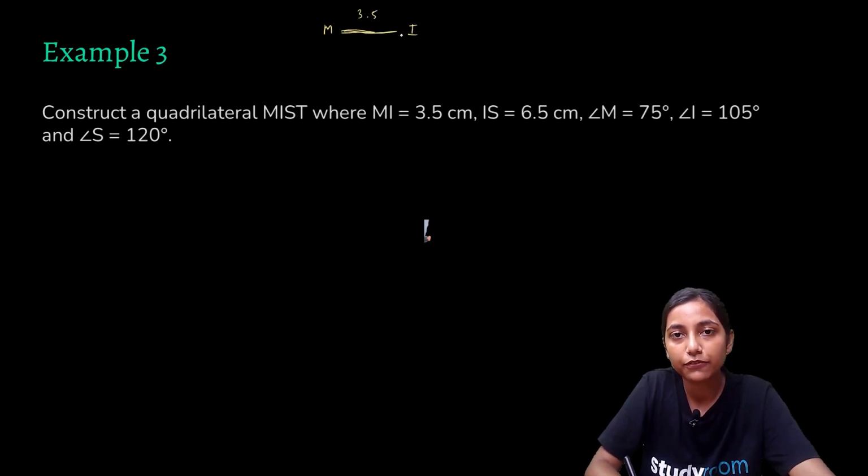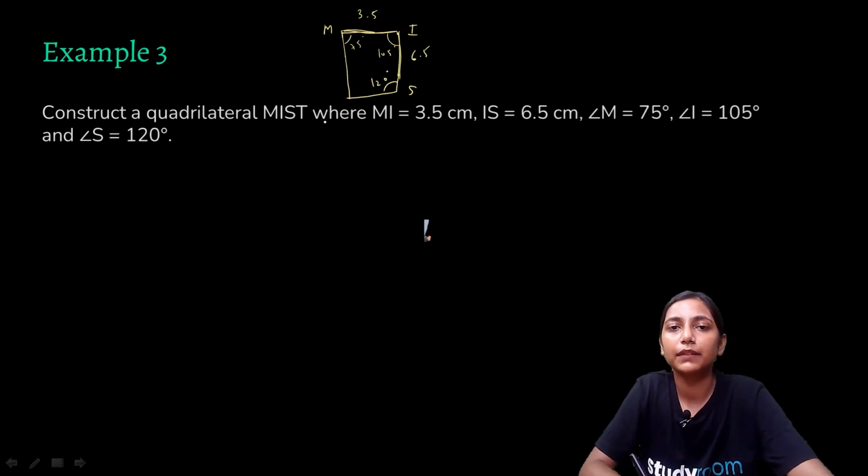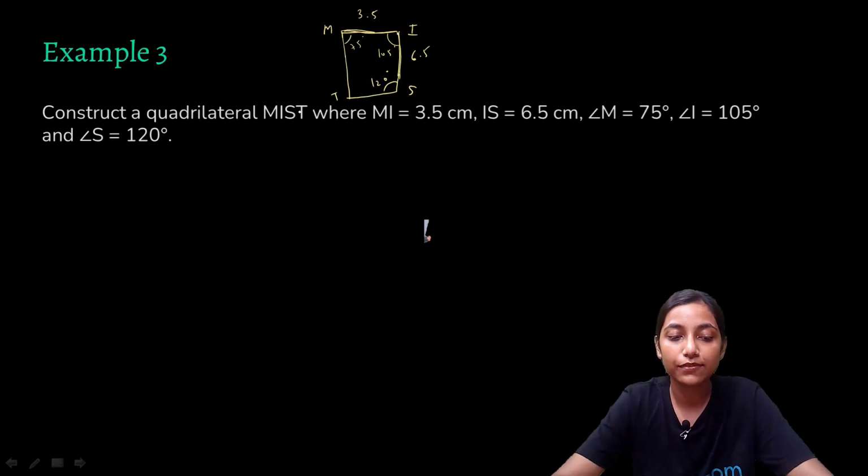MI is given to us as 3.5 cm, IS is 6.5 centimeters, angle M is 75 degrees, angle I is 105 degrees, and angle S is also given, that is 120 degrees. Something like this.